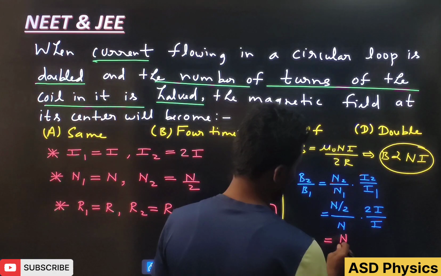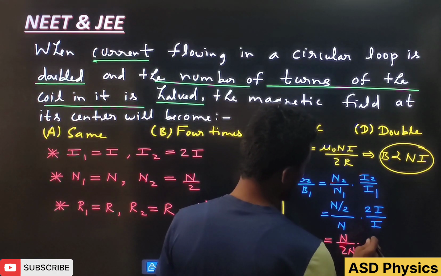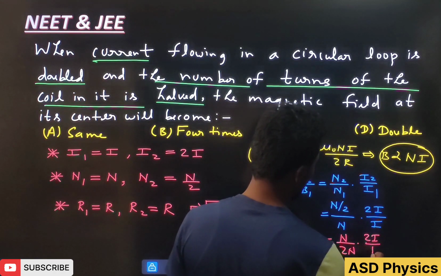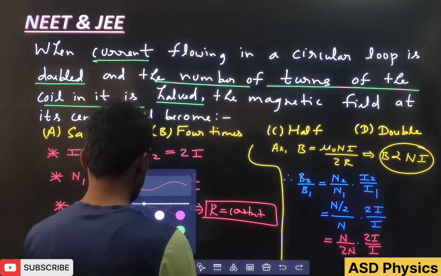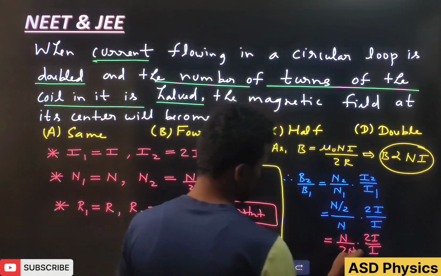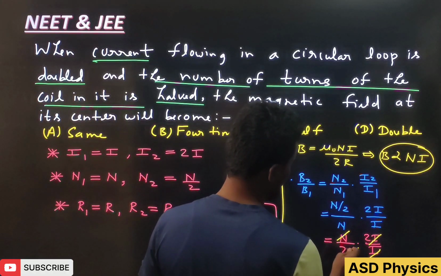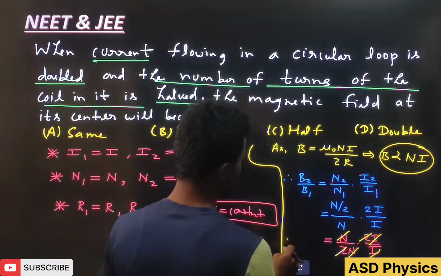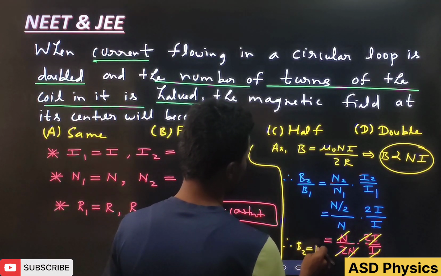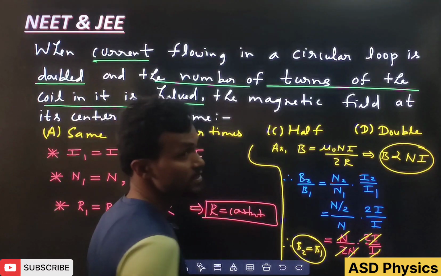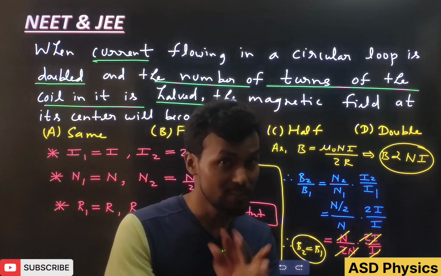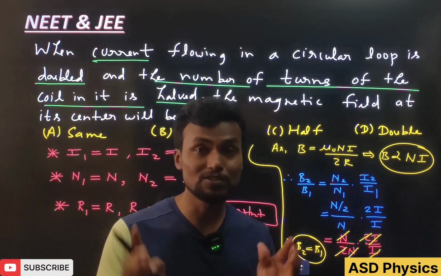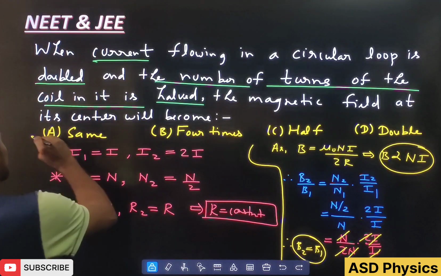Even I can write N by 2N into 2I by I. So I cancels, 2 cancels, NN cancel, I cancel, this 2 also cancels. That means we can write B2 is equal to B1. That means magnetic field will not change. It will remain the same.